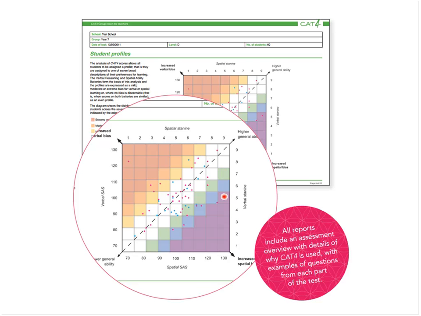The spatial standardised age score is very high, not far off 130, whereas across the left, their verbal standardised age score is about average, so 100. In reality, that pupil is likely to be underachieving, because in order to fully access their potential, their verbal ability probably needs to be developed further, because of the way the curriculum tends to be taught, and formal assessments made as well.